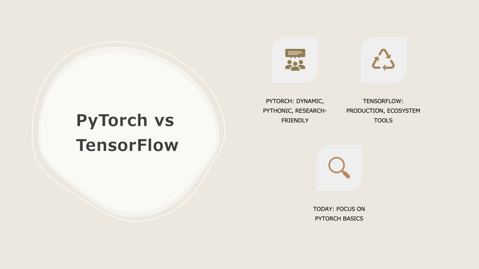The main distinction is cultural. PyTorch has become the tool of choice in the research world because of its flexibility and intuitive design. TensorFlow, on the other hand, remains very strong in production environments. It has tools like TensorFlow Lite for mobile devices and TensorFlow Serving for deployment at scale.